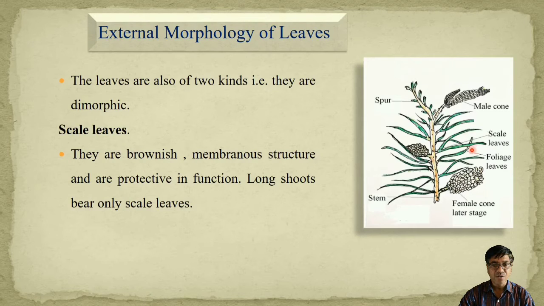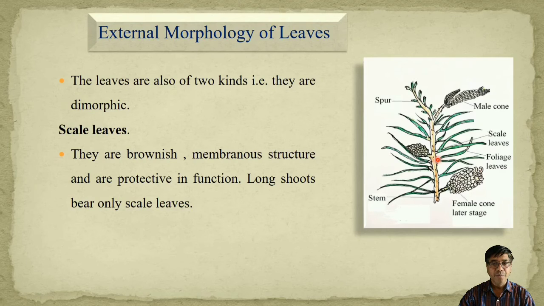First, scaly leaves. The scale leaves are small, thin, brownish, membranous structures and are protective in function. They are present on the main trunk and dwarf shoot.